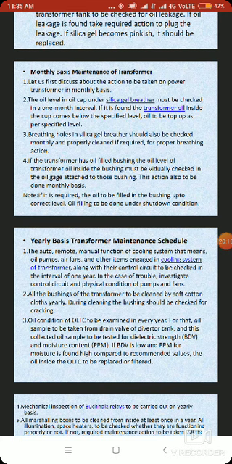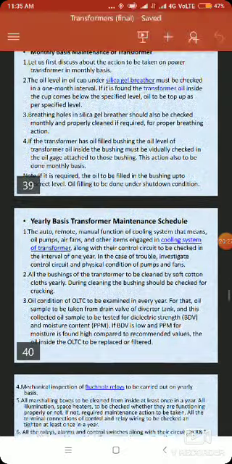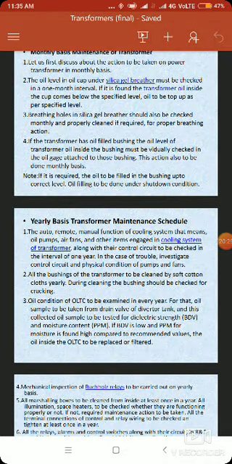It is just like an exhaust fan, and that is to be checked. Then the control scheme along with the control circuit is to be checked at an interval of 1 year, as a preventive measure in case of trouble in the circuit.